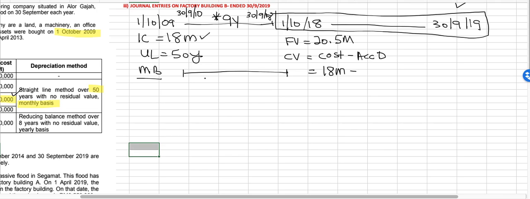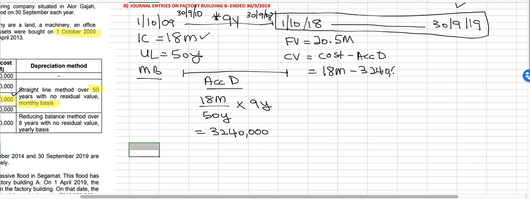So you calculate the accumulated depreciation. That will be cost 18 million divided by the useful life 50 years, times 9 years. So you get 3,240. You minus it here, so then you will get a carrying value of 14,760.